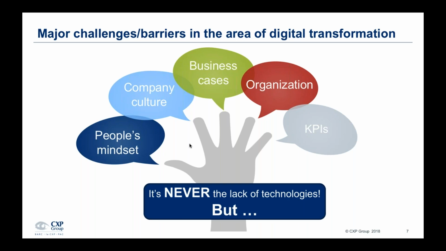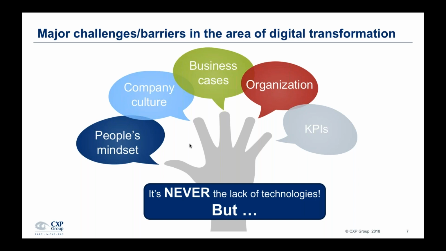And what I don't hear is that there is a lack of appropriate technologies, right? But clearly, don't get me wrong here, technologies of course do matter. And those manufacturers that underestimate the potential of technologies, like, for example, IoT, artificial intelligence, robotics, augmented reality, 3D printing, and you name it, for their business and operations, will be overrun by those who don't.